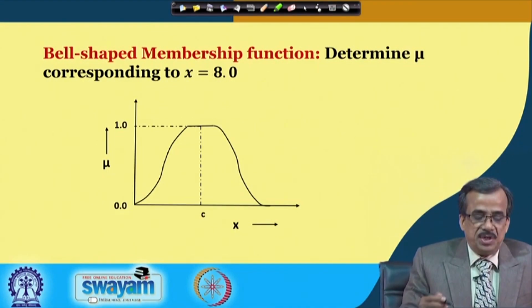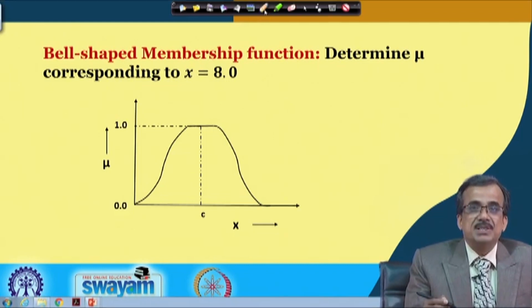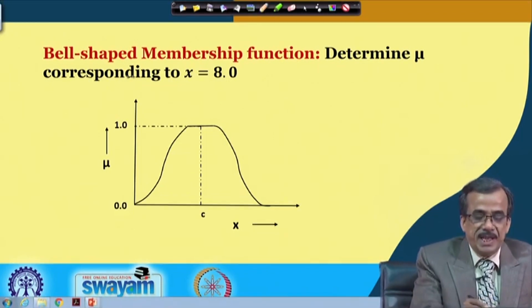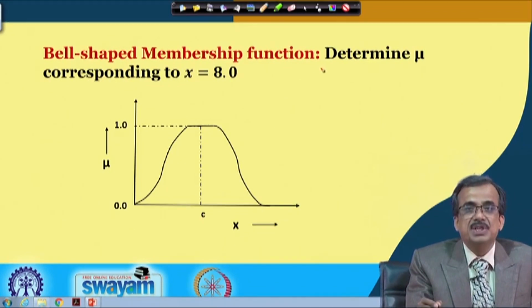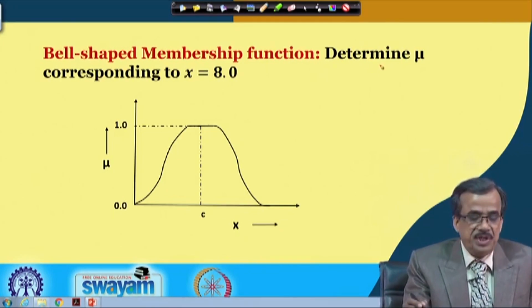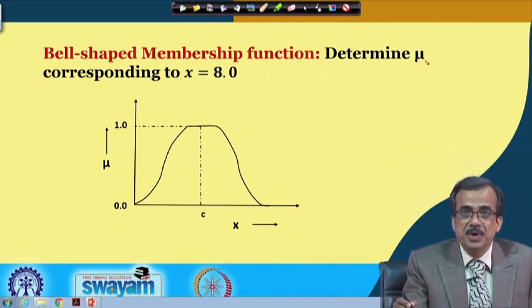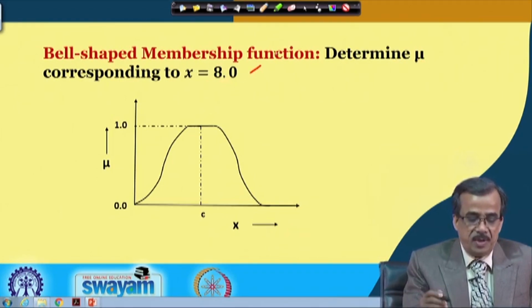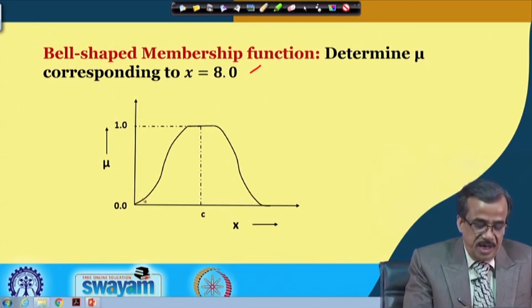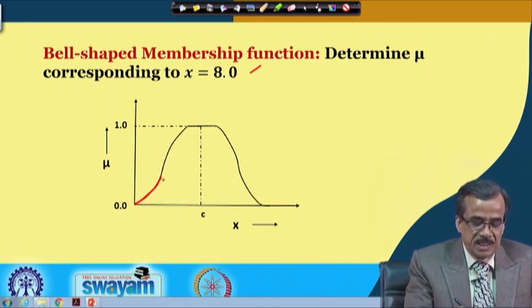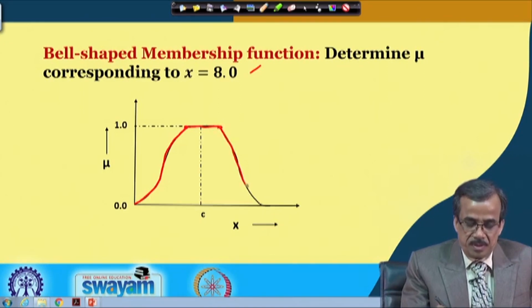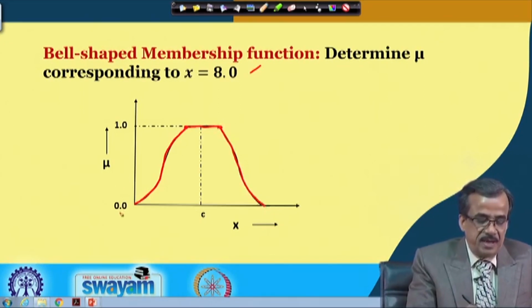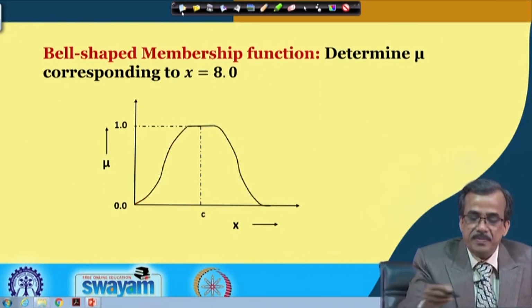Now, we are going to concentrate on another membership function distribution, called the bell-shaped membership function distribution, and our aim is to determine the value for mu corresponding to say x equals 8.0. Let us see how to do it. This is the bell-shaped membership function distribution, and mu varies from 0 to 1.